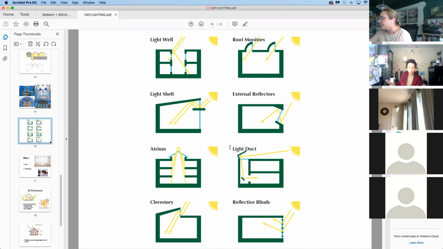This would be an example of a Solatube, where you have a light source on the top and you have to bend it around to get to the space where you want it to be. Again, unlimited opportunities.